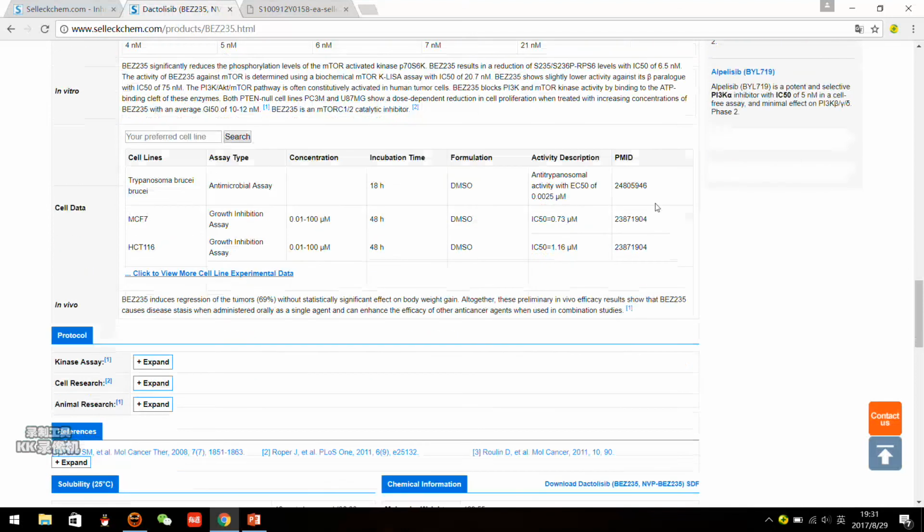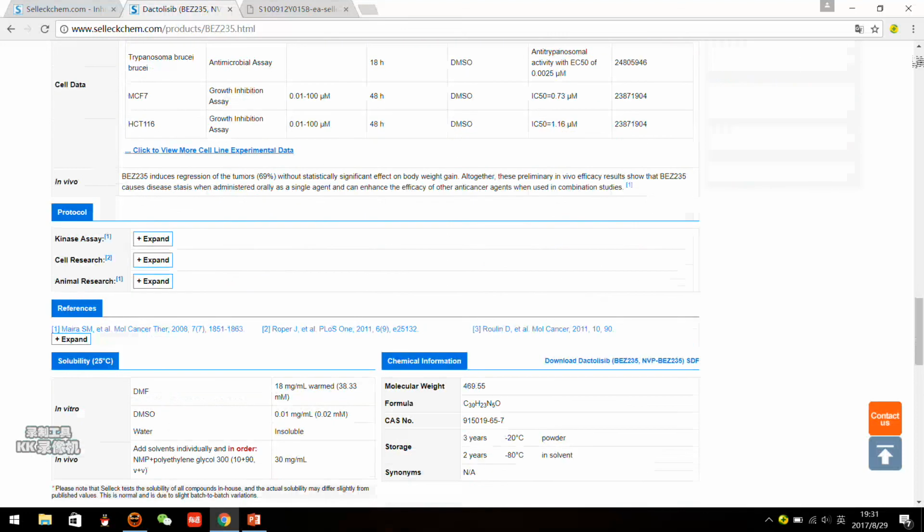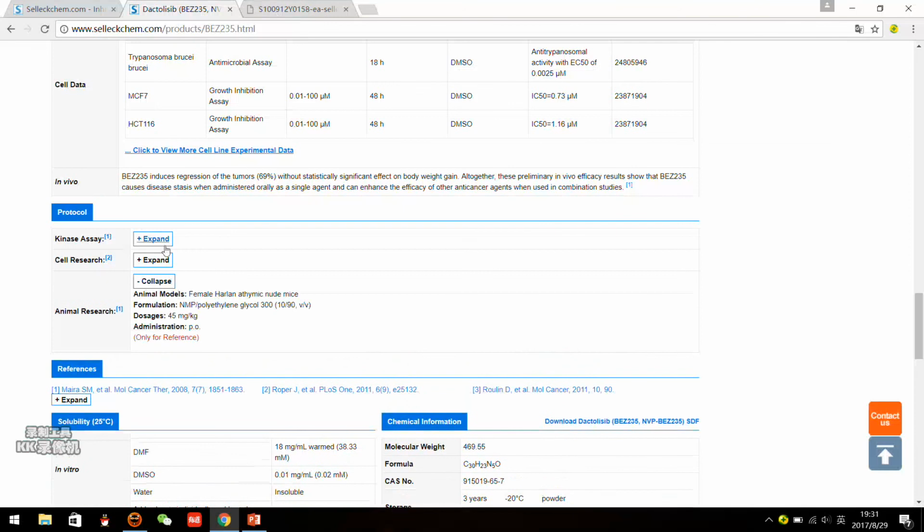And some of our customers may use inhibitor for their animal study. There are two difficulties. One is to ensure dosage. The other is to ensure the dissolving of the formula. We could recommend the animal research part here on our website to them.